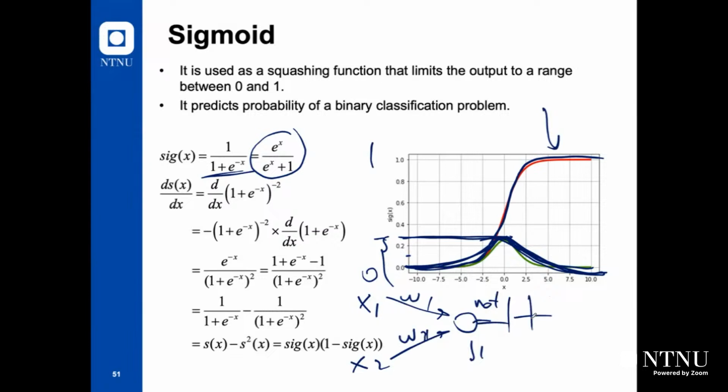When we use this function, it will squash all those net values into a number between 0 and 1. Imagine that x1 is income, for example, in millions. Millions multiplied by omega will be squashed into a number between 0 and 1. And imagine that x2 is age, for example, or years of experience.